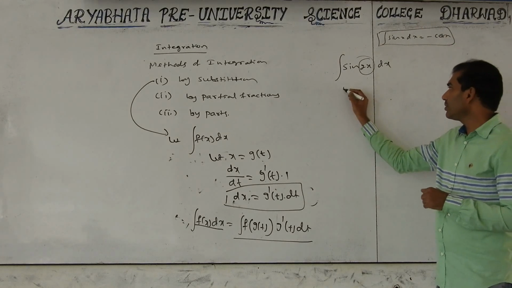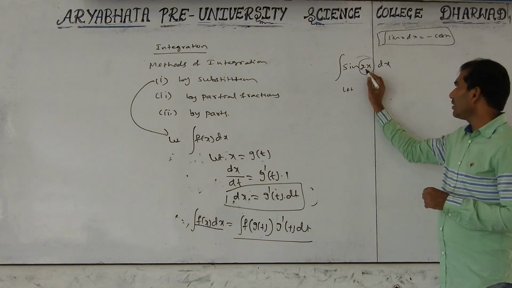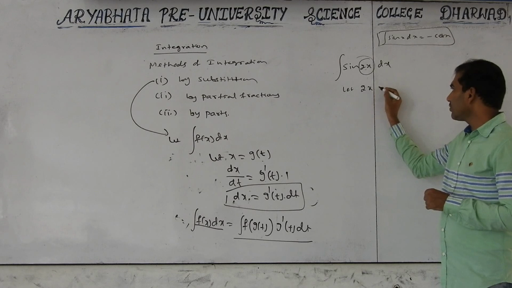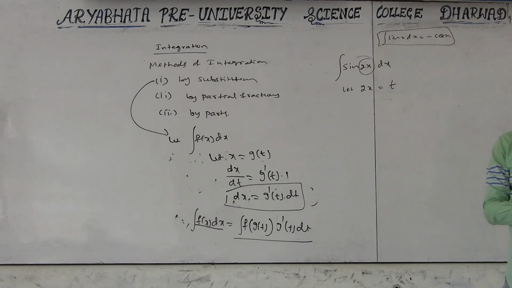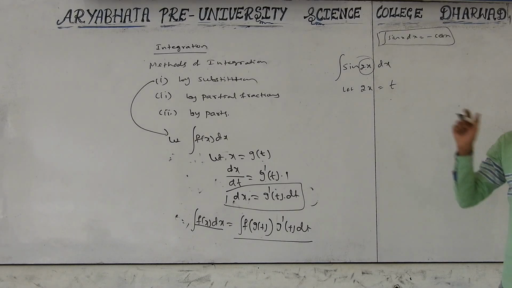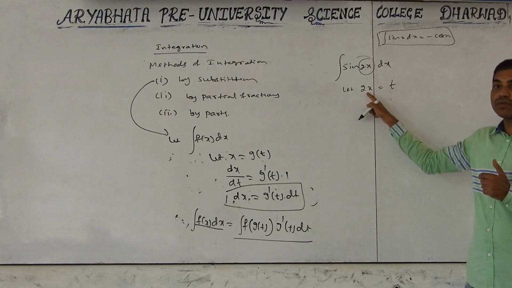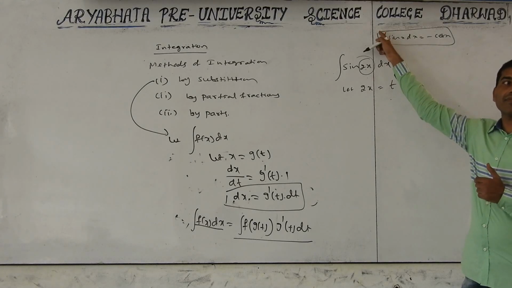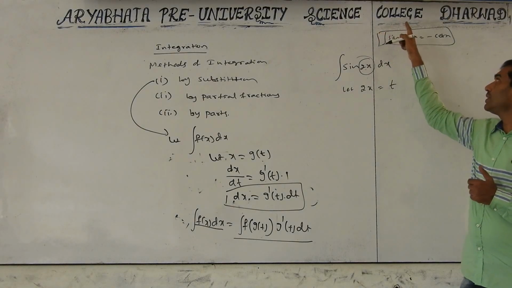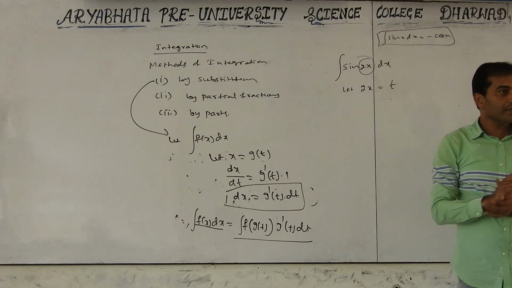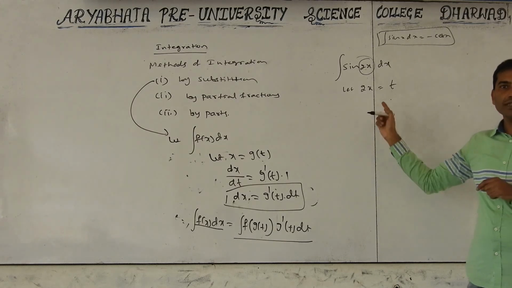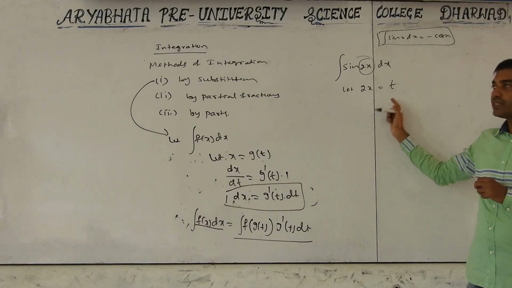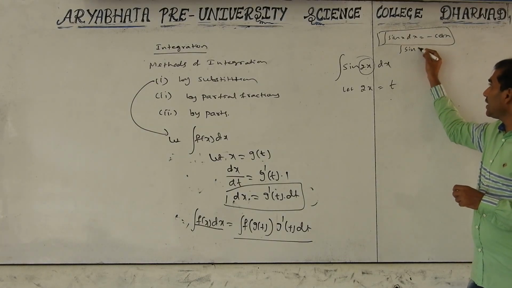Now I let 2x equal to t. Why have I taken this? What is the reason? I have taken 2x equal to t to get the standard form. We know only the sin x integration, but we don't know sin 2x integration. So let 2x equal to a single variable t. Yes. What about the integration of sin t dt?